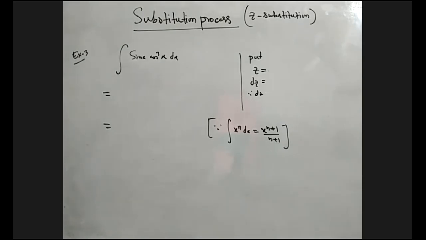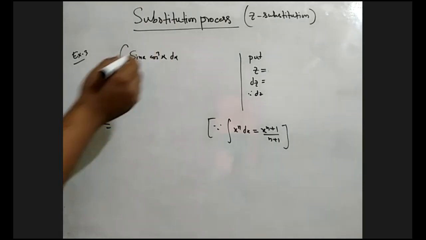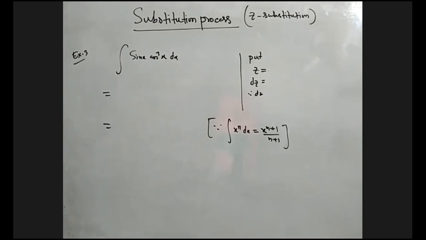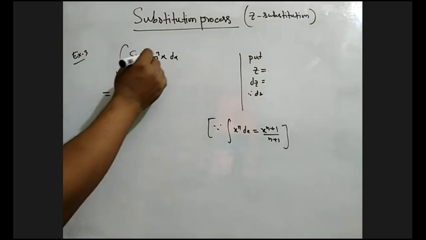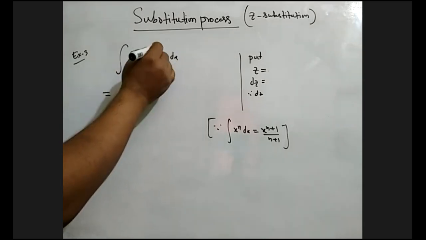Now another example, sin x cos cube x dx. What will be the integration of this by using the substitution process? Here remember that cos x and sin x are present. So you have to take cos x whole to the power.